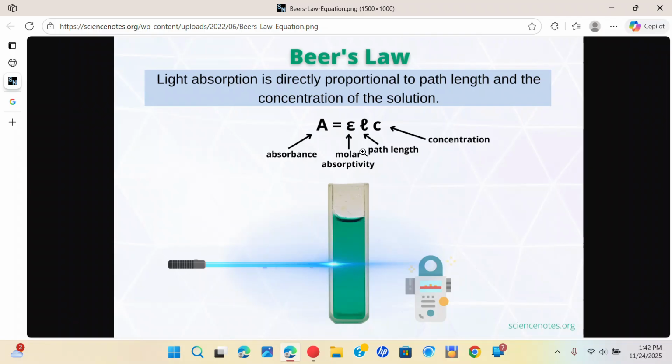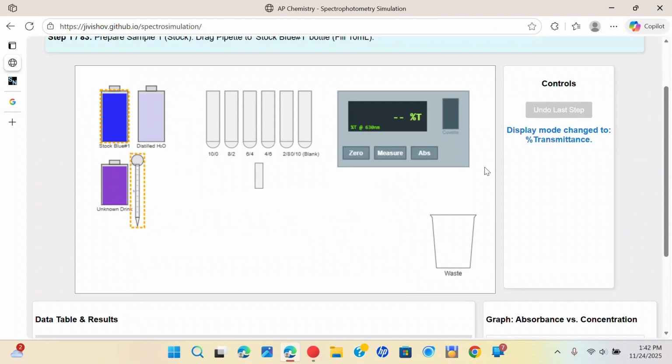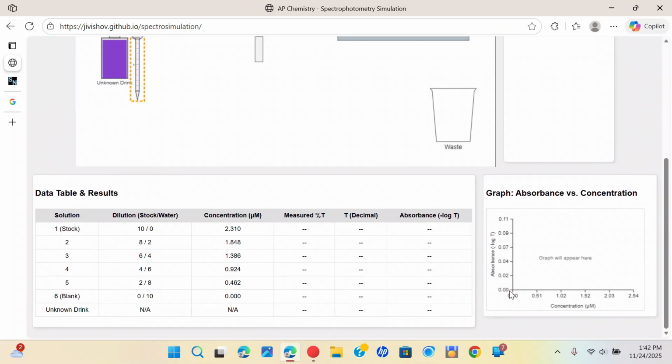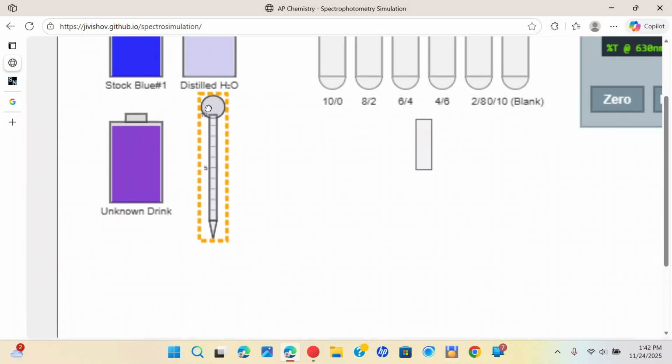And so after creating this calibration curve, we can now use that curve to find the concentration of an unknown sample. It's going to go maybe something like this, for example. This is our unknown drink over here, our unknown sample.